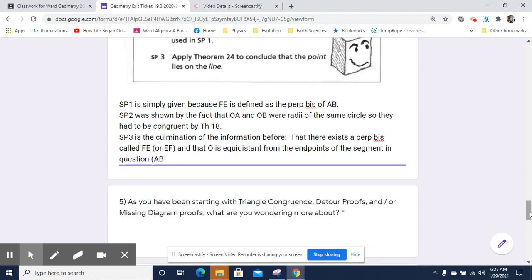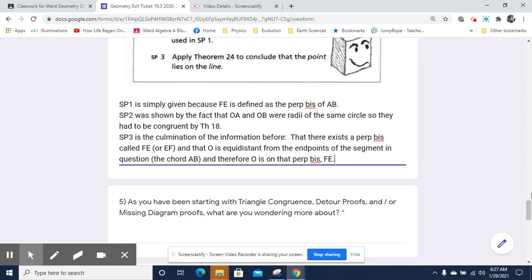That's AB, the chord AB. Okay, and therefore O is on that perpendicular bisector FE.